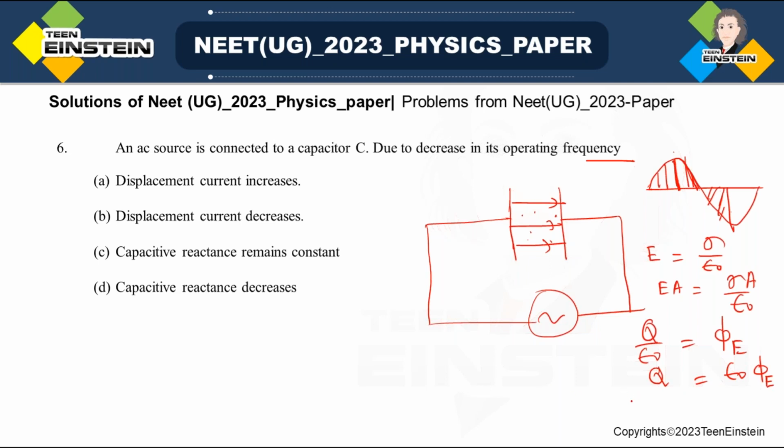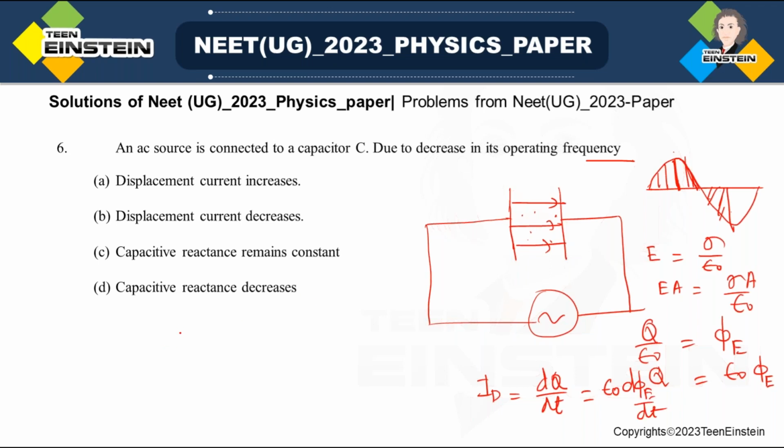So what is the current? I can write displacement current ID is equal to dq by dt. Crudely we can write this as epsilon naught into d phi e by dt.